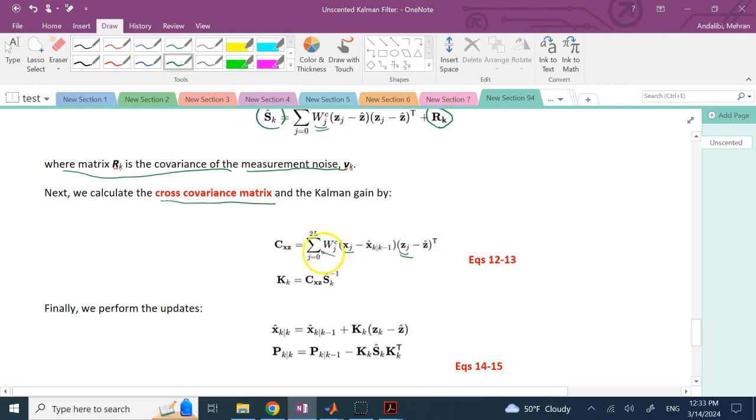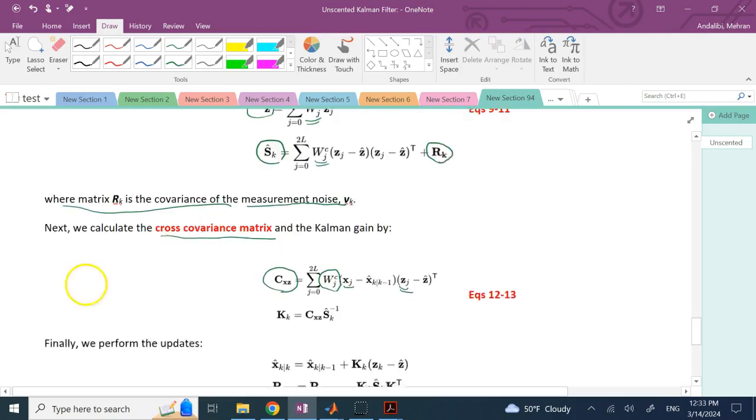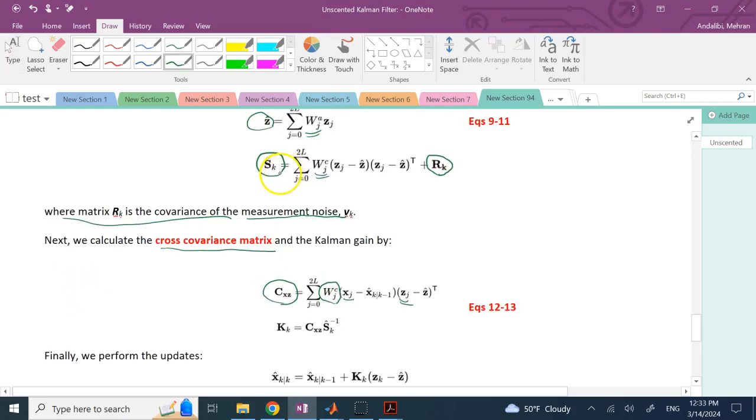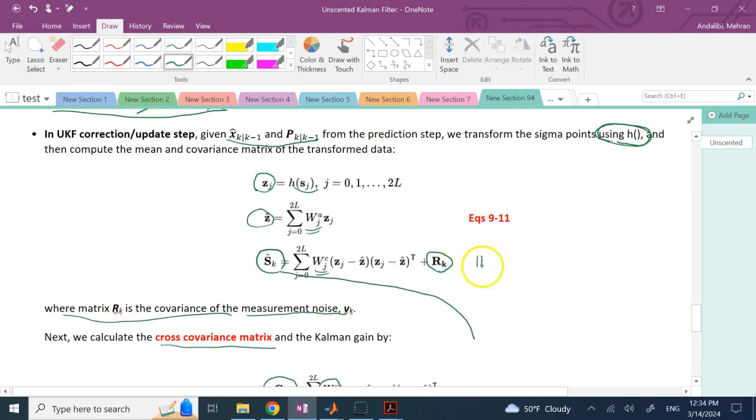So I use my second order weights and calculate this cross covariance matrix between those x's and z's and call it the C matrix.